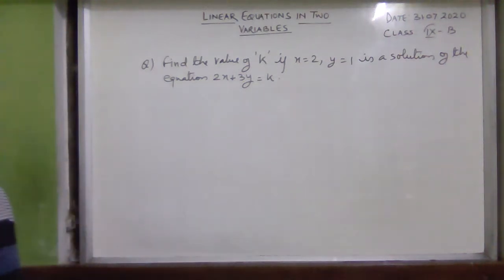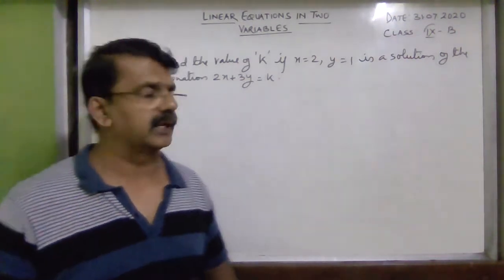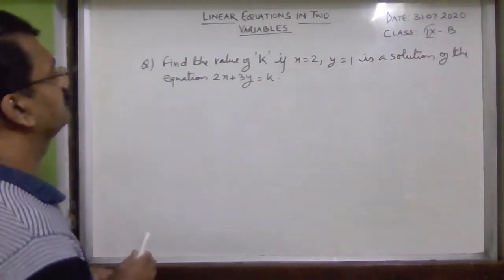Find the value of k if x is equal to 2, y is equal to 1 is a solution of the equation 2x plus 3y is equal to k. So 2x plus 3y is equal to k is a linear equation in two variables.